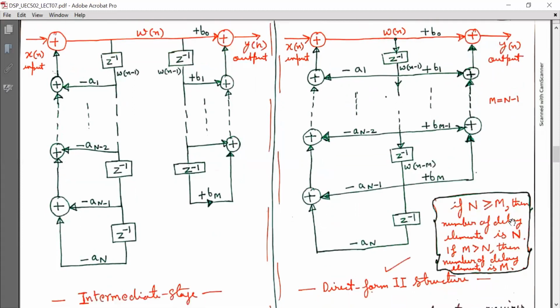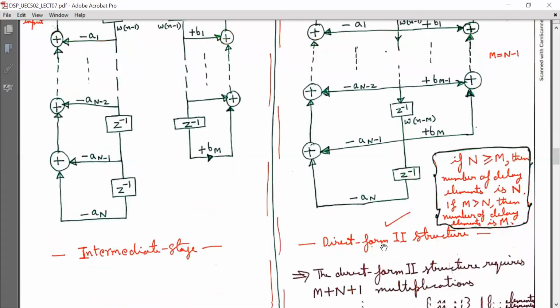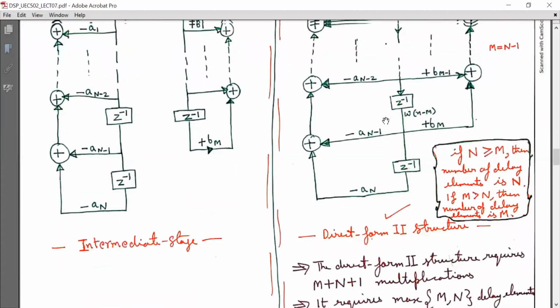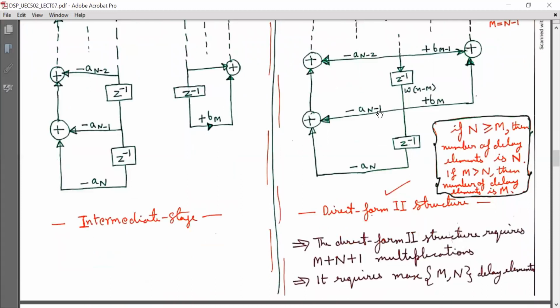So if N is greater than or equal to M, then the number of delay elements is N. Here N is greater than M, so the number of delay elements is decided by N. But if M is greater than N, then the number of delay elements will be decided by M. The direct form 2 structure requires M plus N plus 1 multiplications by these constant coefficients.